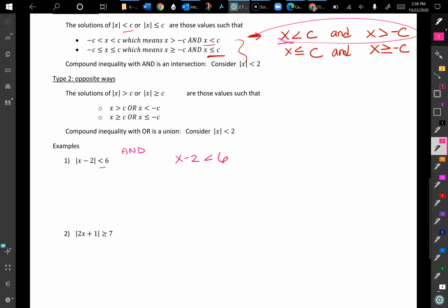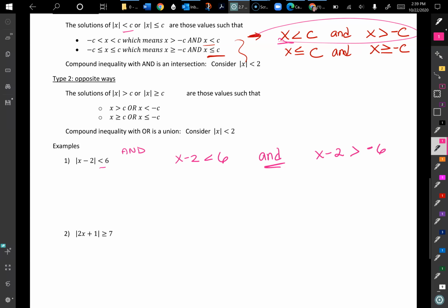So when I change the sign, it's kind of like the same thing you were doing when you were doing equalities, but we have to make sure we put the word and. That's different. And we also have to make sure when we're changing this sign to negative 6, that's like multiplying by a negative 1, so we have to change the direction of our symbol.